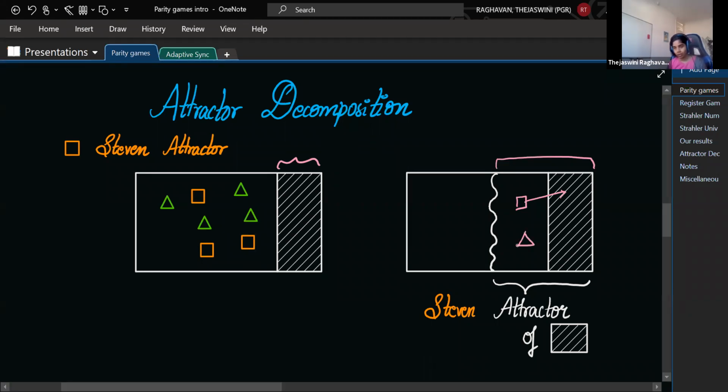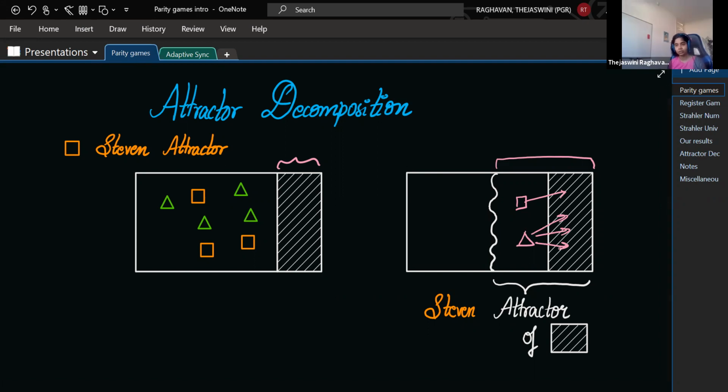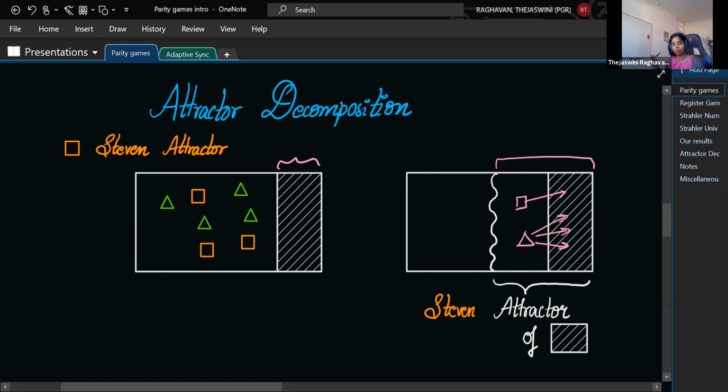Similarly, if you have an Audrey vertex and all of her edges point towards the striped set, then that vertex will also be part of the Steven attractor, because whatever she does, her next move goes into the striped set. We compute such one-step attractors until it stabilizes to form the attractor of any set.